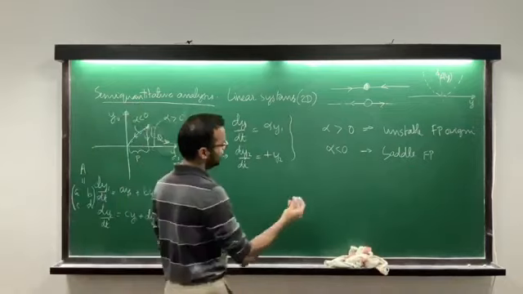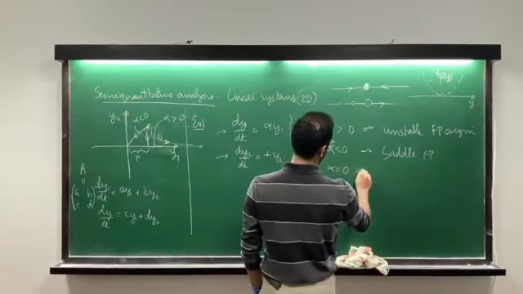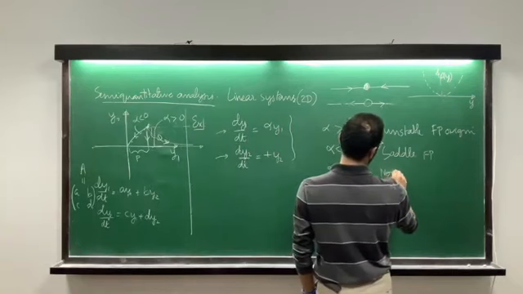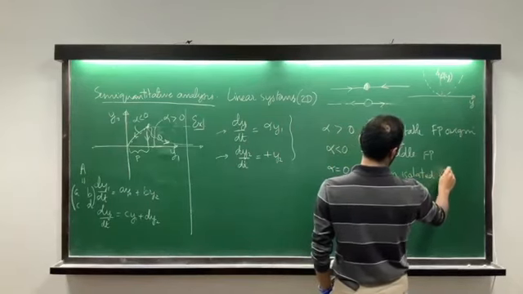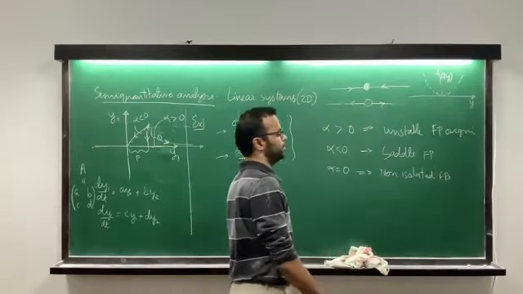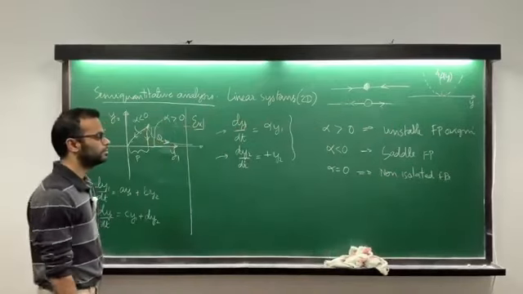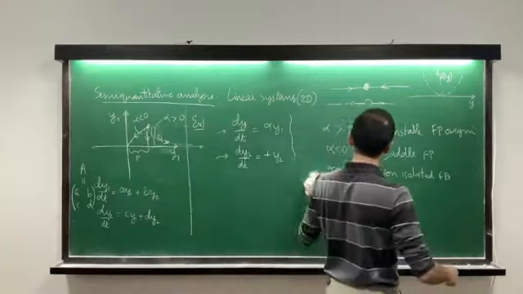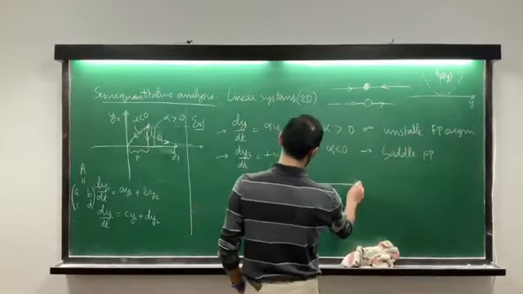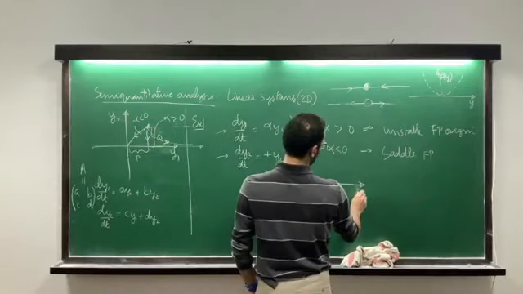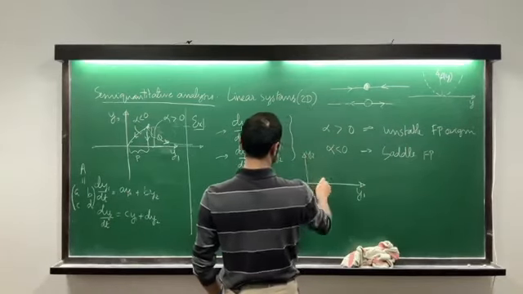And at alpha equal to 0, again you have the same situation as before. You have non-isolated fixed points. No, sorry. At alpha equal to 0, you don't have non-isolated fixed points. Let me draw this. I should not just write stuff. So y1, y2.